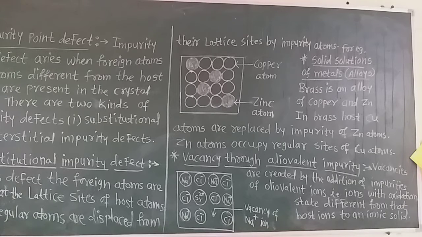The added Sr2 plus ions occupy some of the regular sites of the Na plus host ions. In order to maintain electrical neutrality, each Sr2 plus ion removes 2 Na plus ions. One of the vacant lattice sites created by removal of the 2 Na plus ions is occupied by the Sr2 plus ion, and the other site of the Na plus ion remains vacant, as shown in the figure.